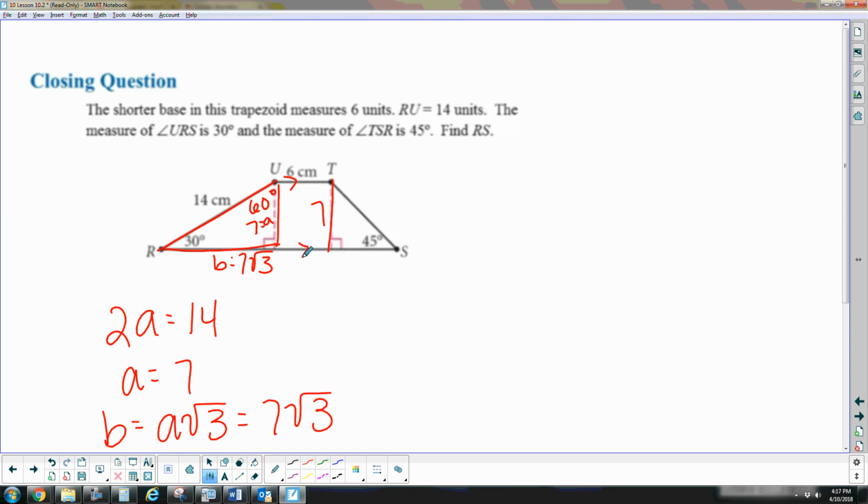Okay, so in our 45, 45, 90 triangle, we know that each of the legs is 7 units. And then since these are both 90 degrees, these two lines are parallel, which means this also has to be 6 units. So now we have 7 times the square root of 3 plus 6 plus 7.